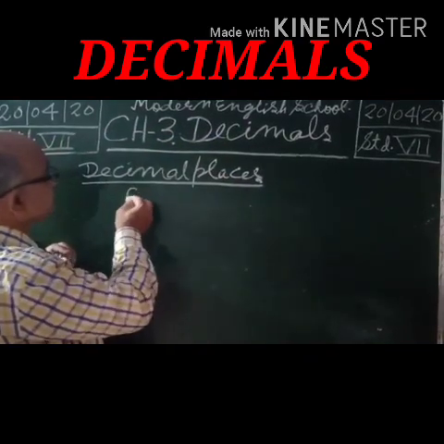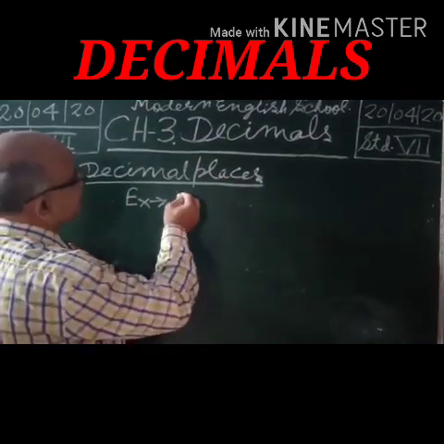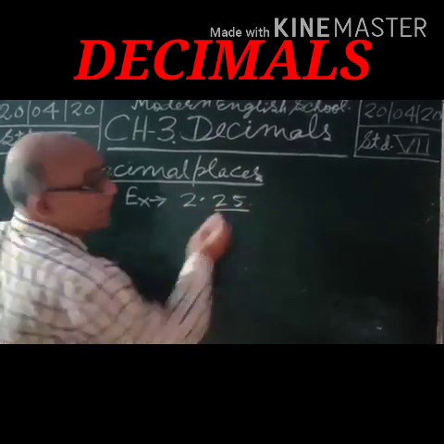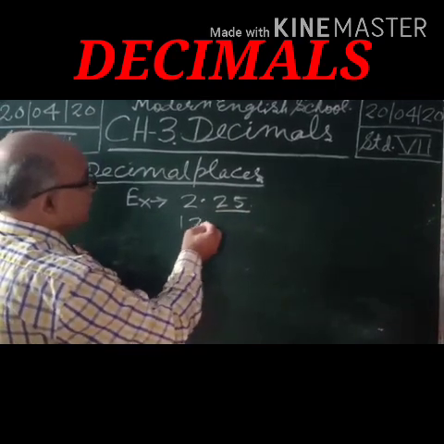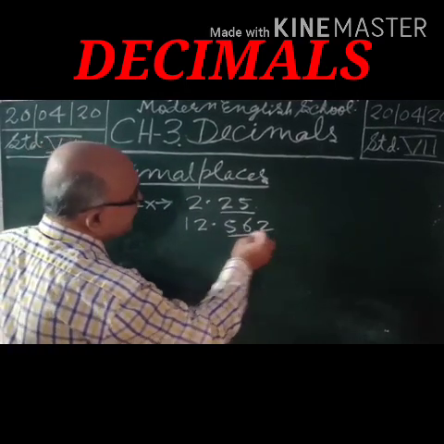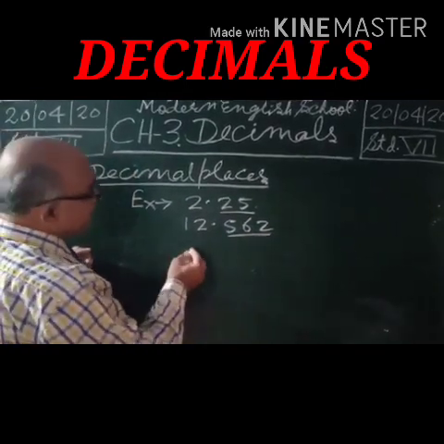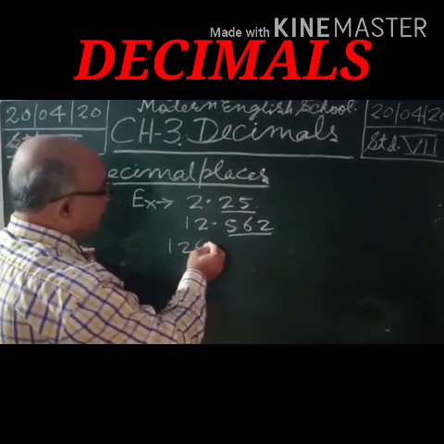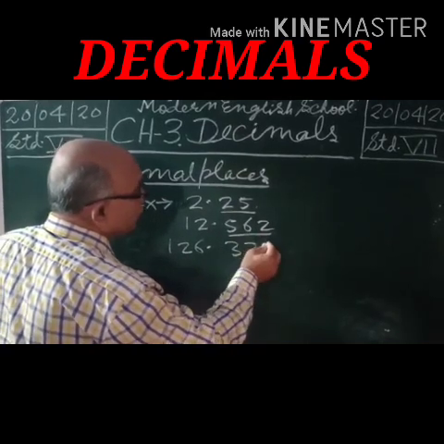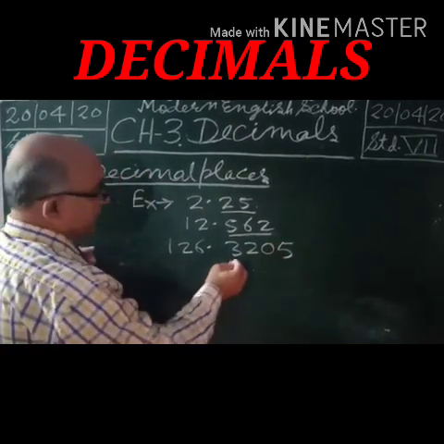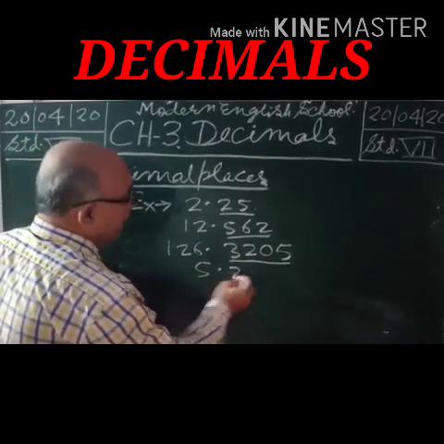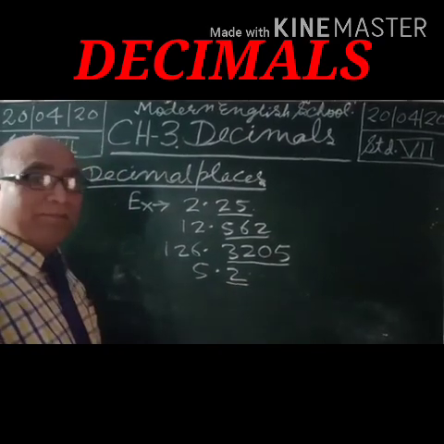Example: 2.25. Here 2 decimal places. 12.562. Here 1, 2, 3, 3 decimal places. Next example: 126.3205. Here 4 decimal places and 5.2. Here only 1 decimal place.